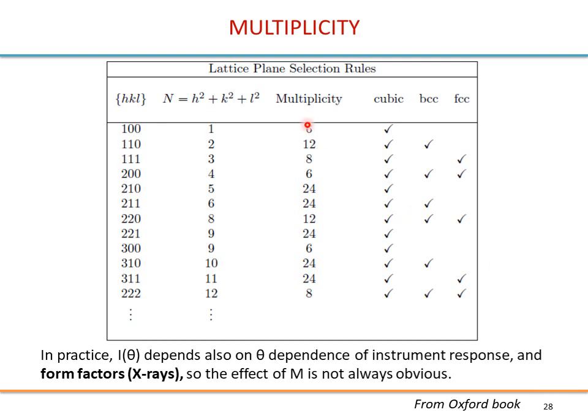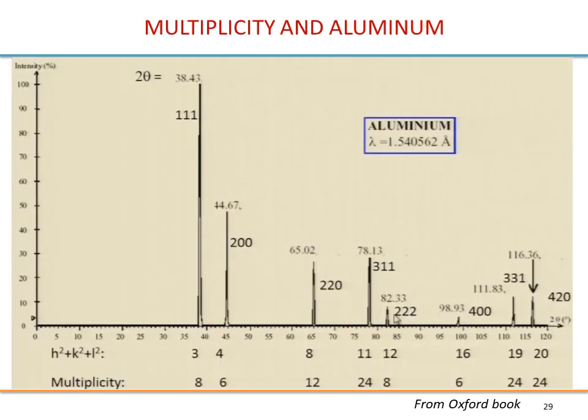So again, this is not very easy to see, because in practice the intensity will depend on the instrument response, of course, and also form factors. So it's not just clear cut. You will not find these ratios like that easily.